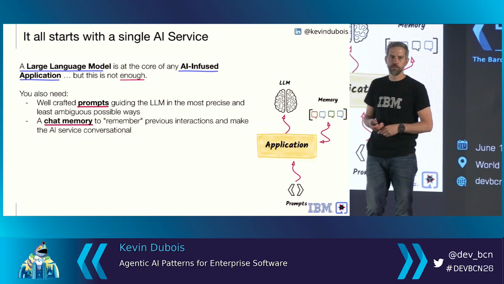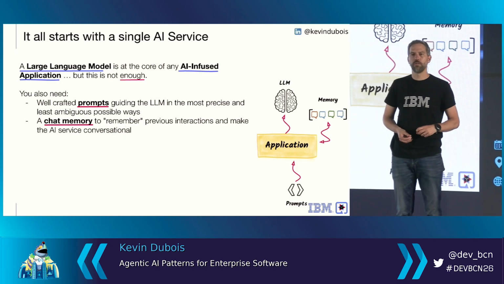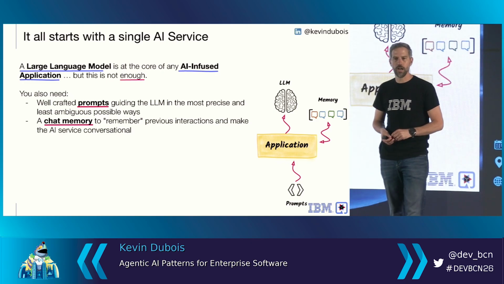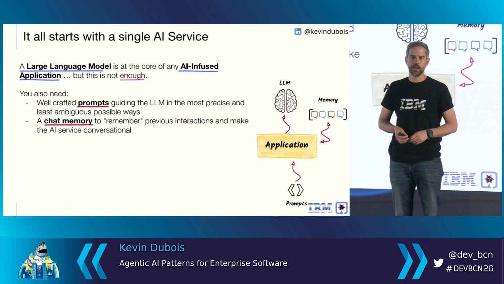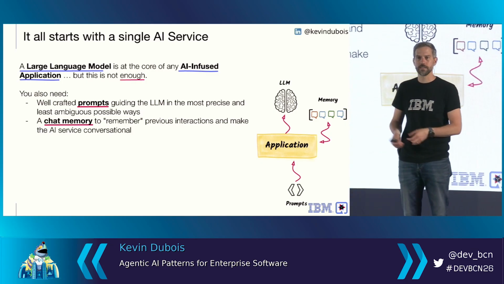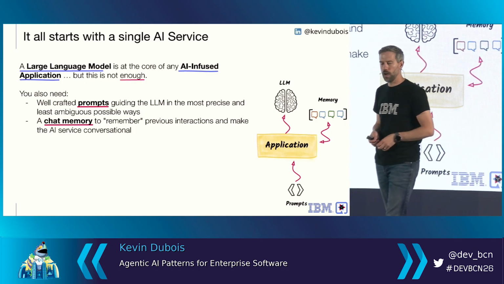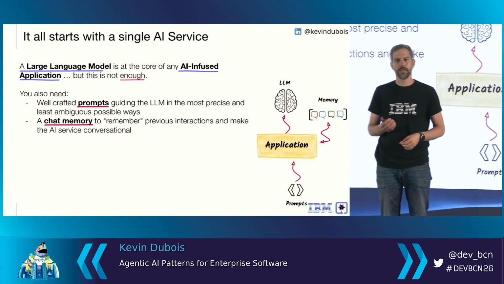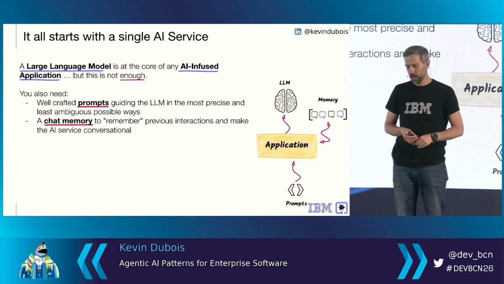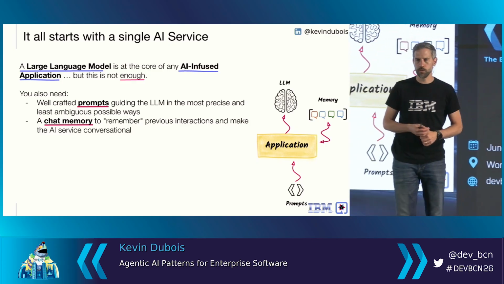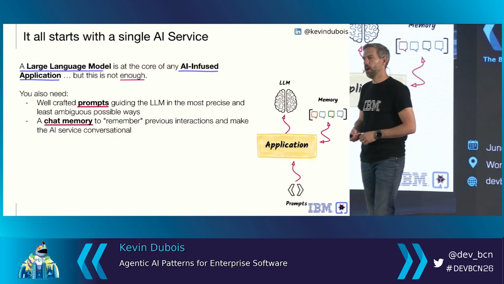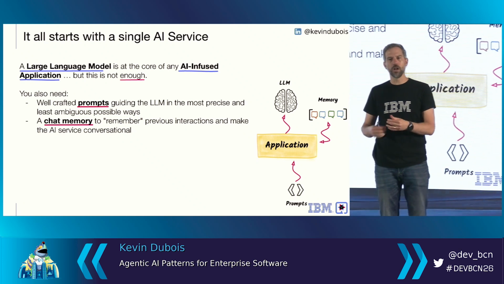And then, of course, you probably need some sort of chat memory, because LLMs and inference servers typically don't keep track of a conversation. So it's up to you on the client side to handle that. If you use LangChain4j with Quarkus, which is what I'm using, that's built in by default. It's just in memory.